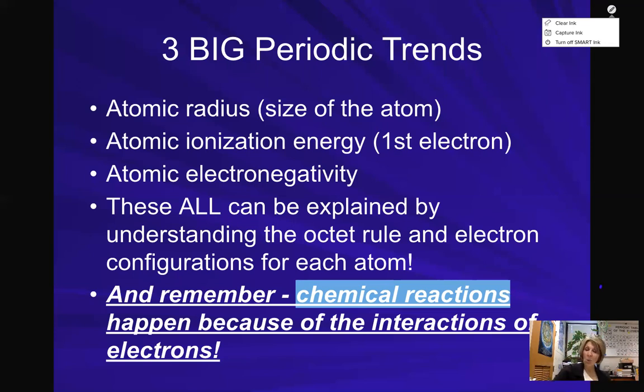And remember that chemical reactions occur when electrons interact. And so that's going to set up bonding, which is what we're going to learn about next, where atoms either steal electrons, like my story with the fluorine and the francium, or they're going to end up sharing electrons if their electronegativities don't allow one to be a clear winner.